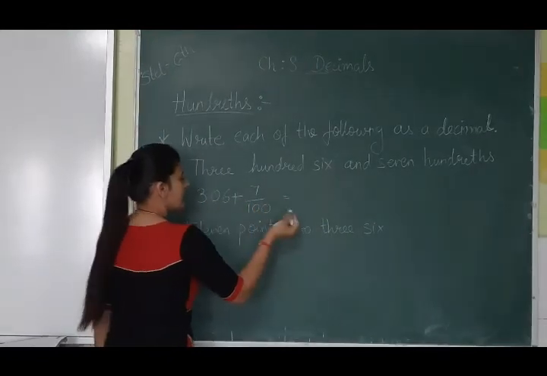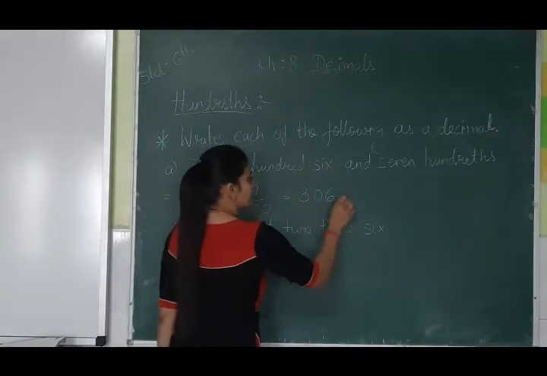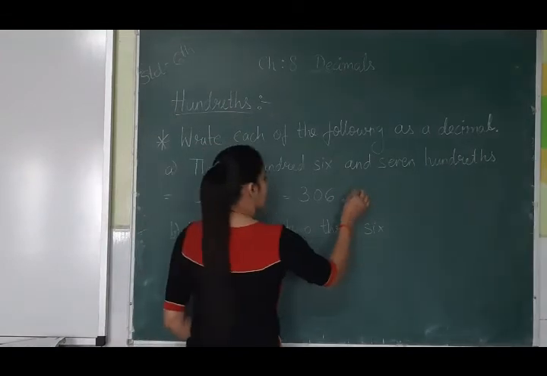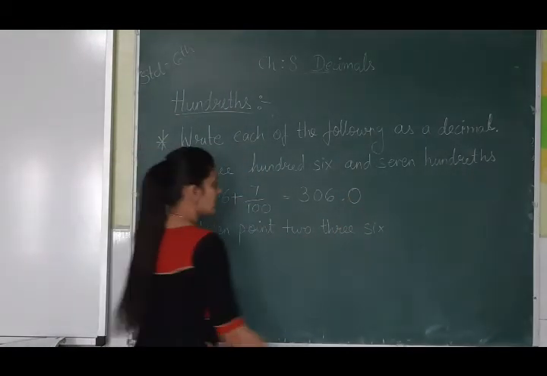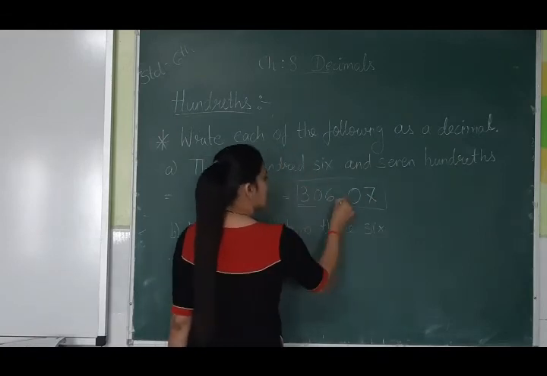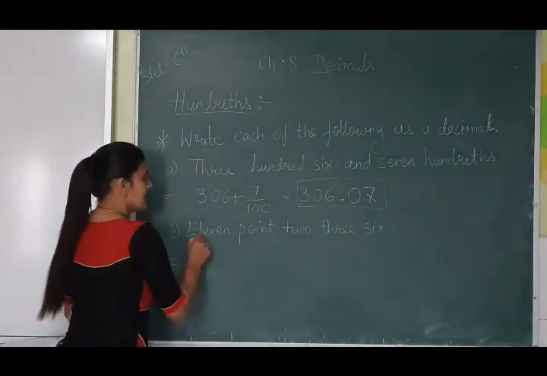So how will you write it in point form? 306, after that a point. But at the tenths place nothing is there, so we will put 0 at the tenths place. At the hundredths place we have 7, so here we will put 7. So the answer is 306.07.